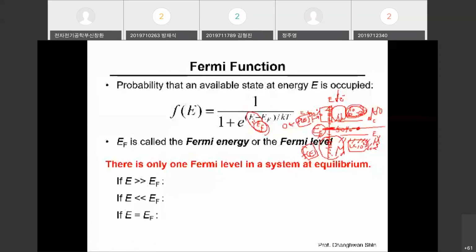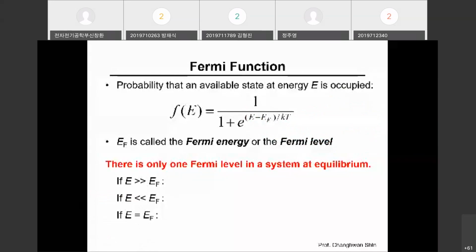If I draw it again in a simple shape, the Fermi energy level of pure silicon material can be found at the mid gap.